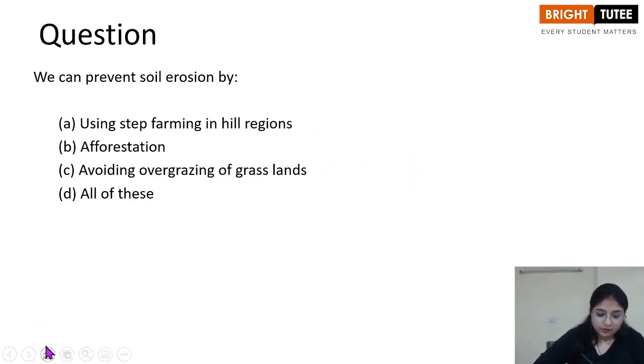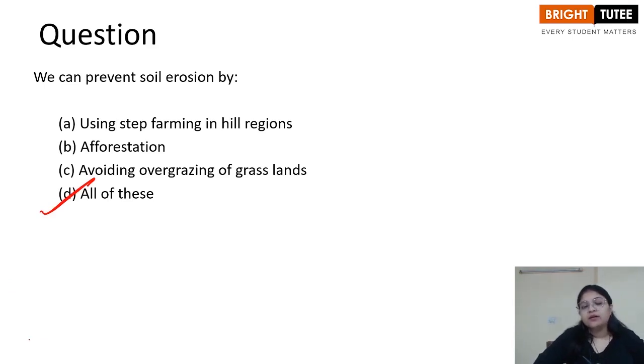We can prevent soil erosion by using step farming in hill regions, afforestation, avoiding overgrazing of grasslands, all of these. So the answer to this question is all of these, because all of these things are important to avoid and reduce soil erosion, right?